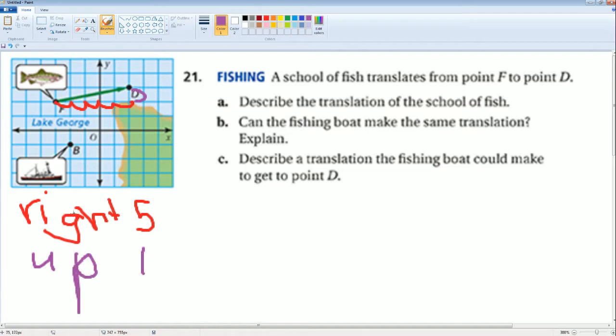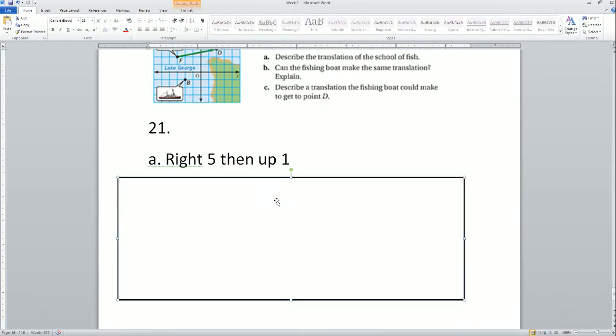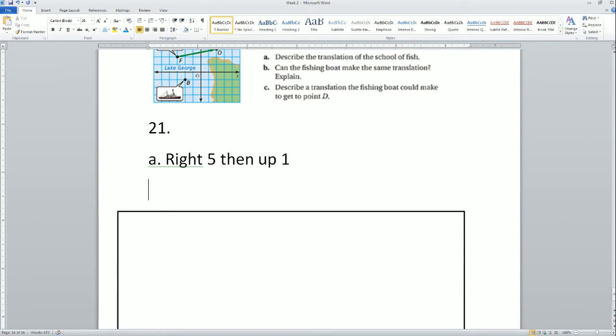So what that means? Right 5, up 1. Right. That is right 5, then up 1. That looks like x plus 5, comma, up 1, y plus 1. Okay, you see this process? Right, that is the rule for that one.